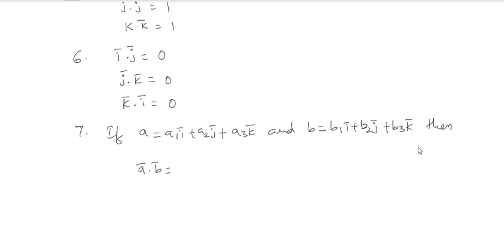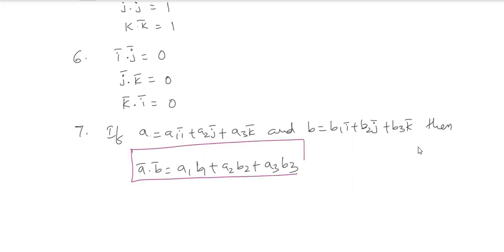Directly you can take it as A1 B1 plus A2 B2 plus A3 B3. So if it is that case, directly you can do this. Am I right or not? Is it clear or not?